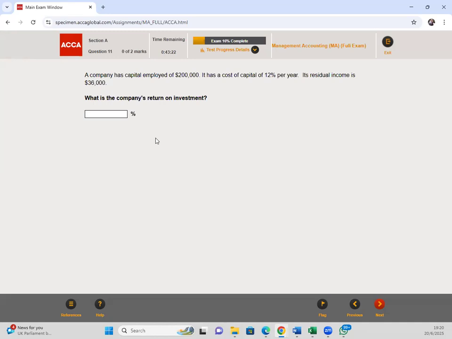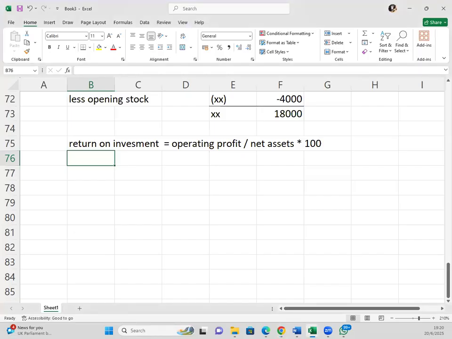We have the capital employed and the residual income. But the formula is saying we should use the operating profit and the net assets or capital employed. So what then should we do in this case?